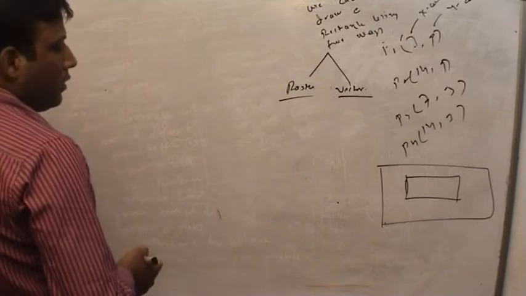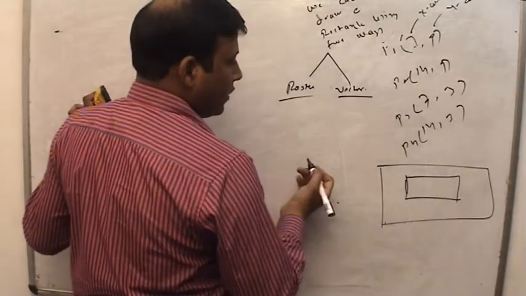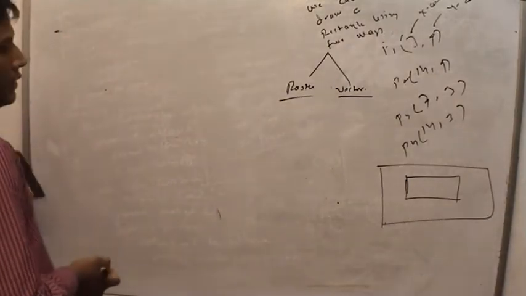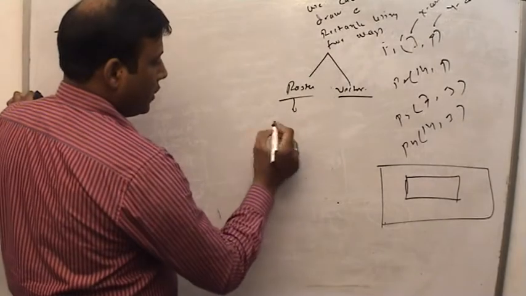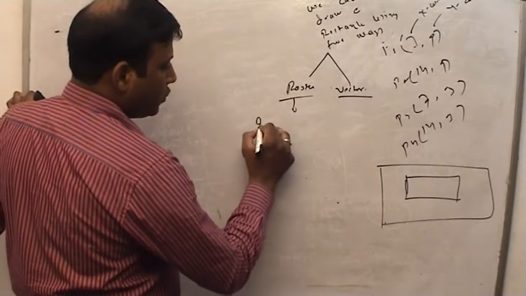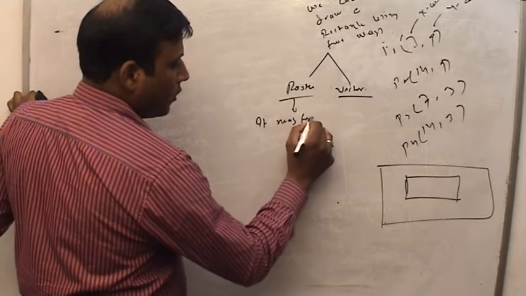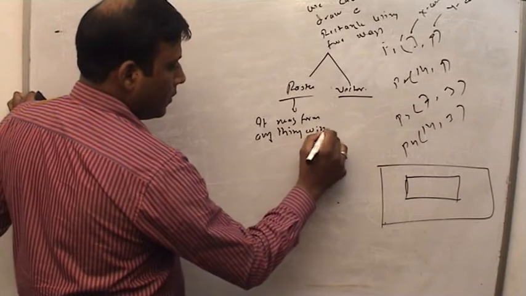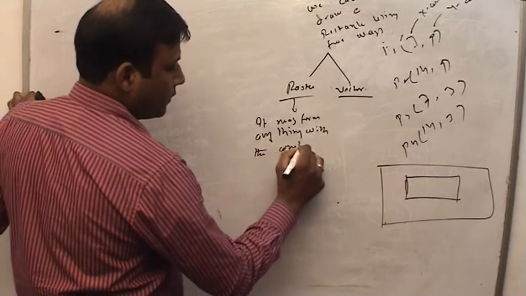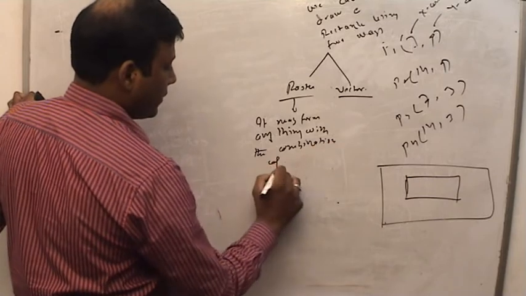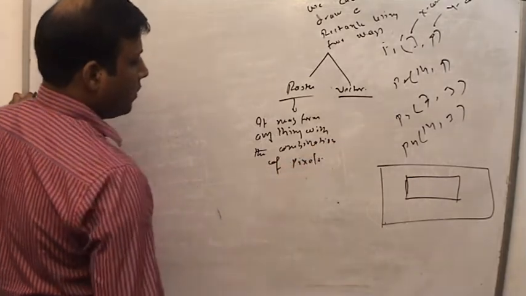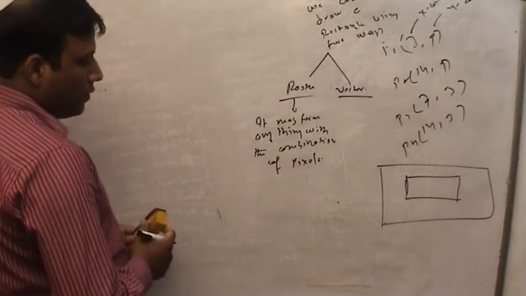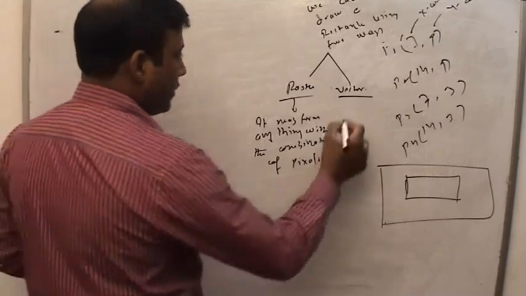If you want to draw a rectangle using rasters, as you know, it may form anything with the combination of pixels.